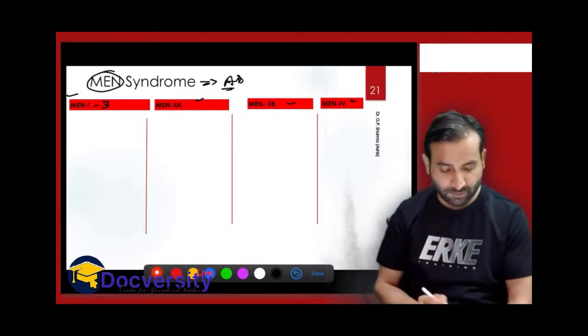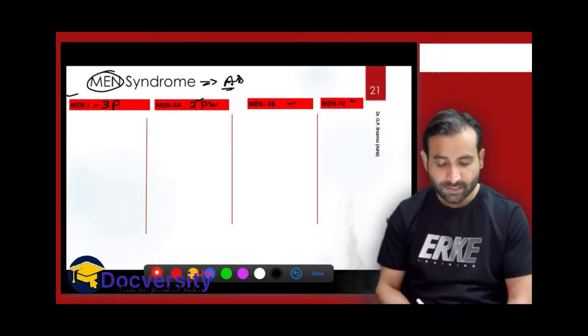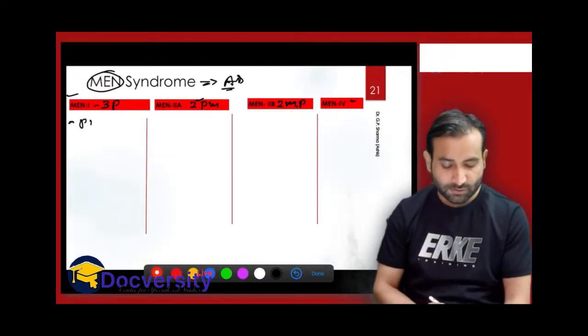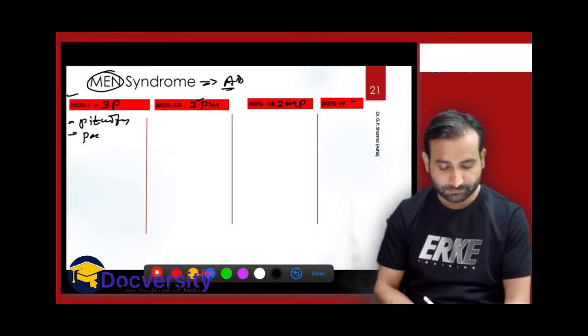And then let's see over here, MEN1. So MEN1 has 3 Ps. MEN2A has 2 Ps and M, right? MEN2B has 2 Ms and P, right? So remember like this. MEN1 has 3 Ps. What are the 3 Ps? Pituitary, parathyroid, and pancreatic.